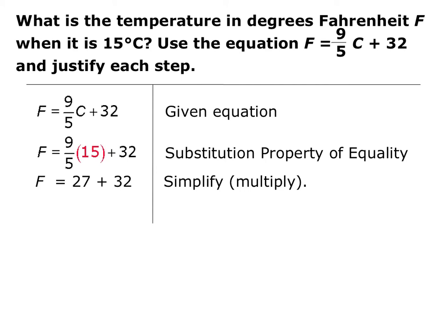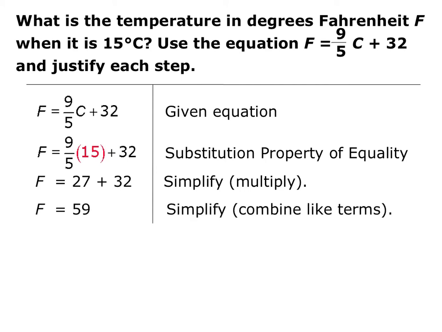Now I'm going to simplify by adding. So that one looks a little different. So if I'm just computing, simplify is what we're saying there. It's not the property because you're not doing the same thing to both sides. See a difference there? Questions on that one?